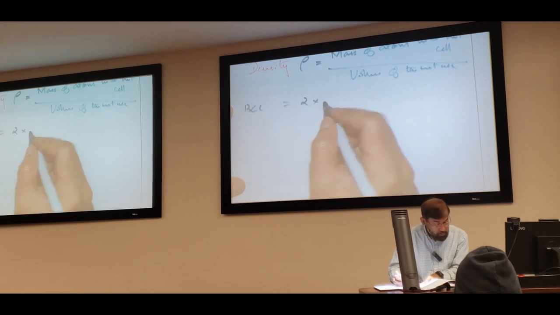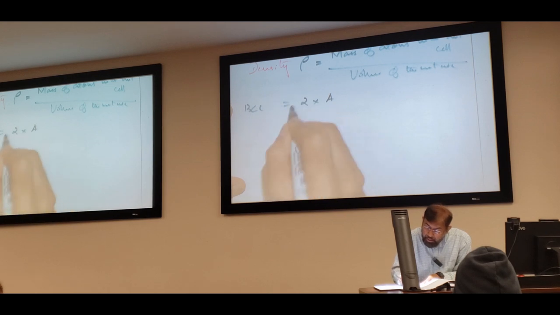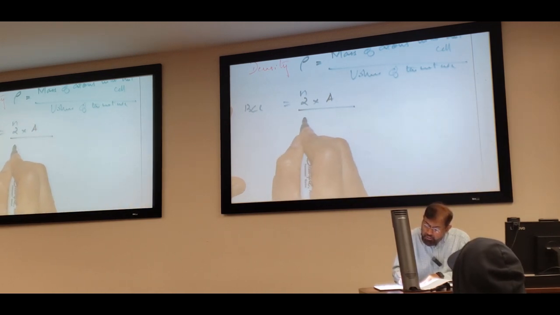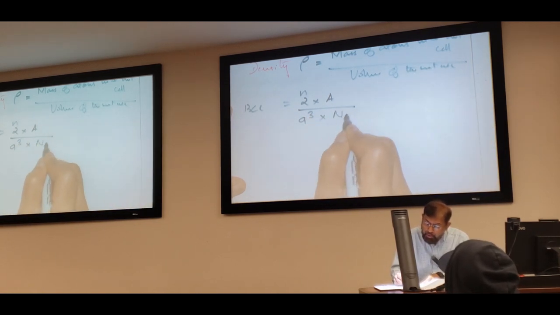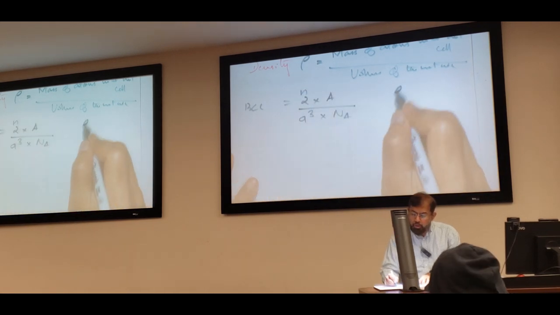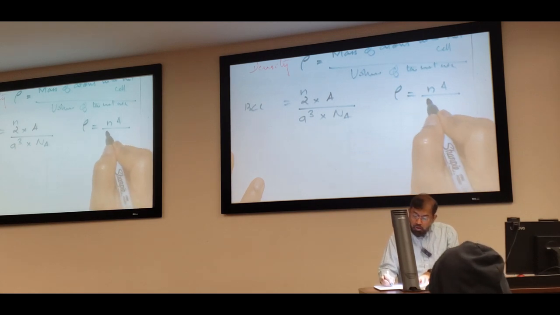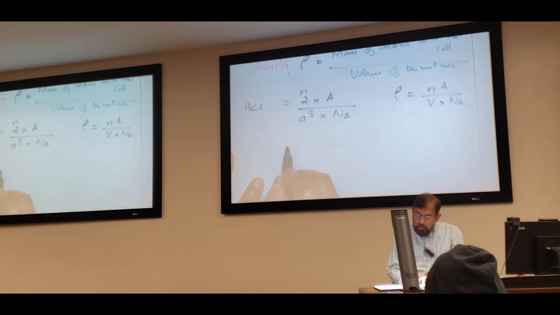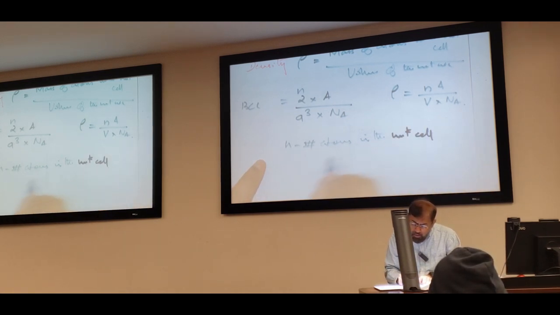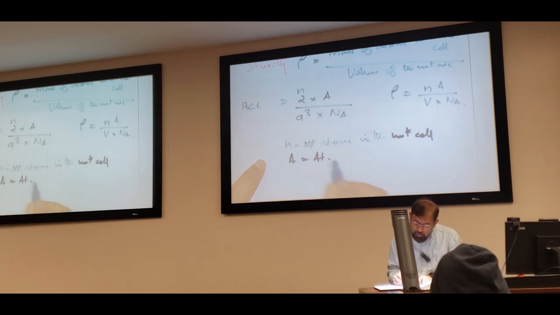So the mass of the atoms in the unit cell is N times the atomic weight, represented by A. For BCC, N is 2, but we can write it in general: the density rho is equal to N A over the volume of the unit cell, which is a cubed, times the Avogadro number, Na. Here N is the number of atoms in the unit cell, A is the atomic weight, and V is the volume of the unit cell.